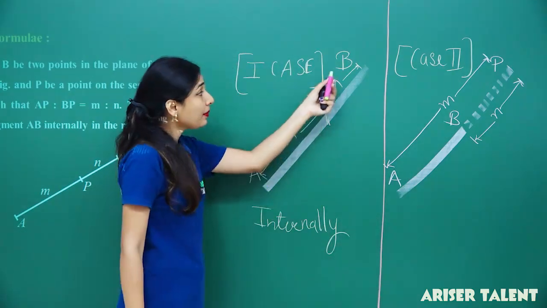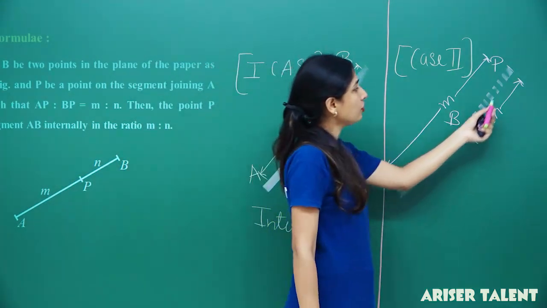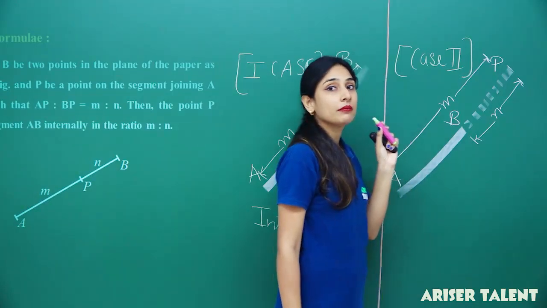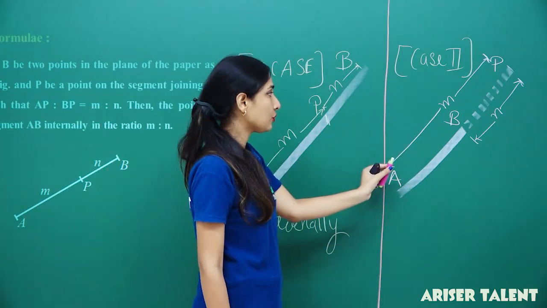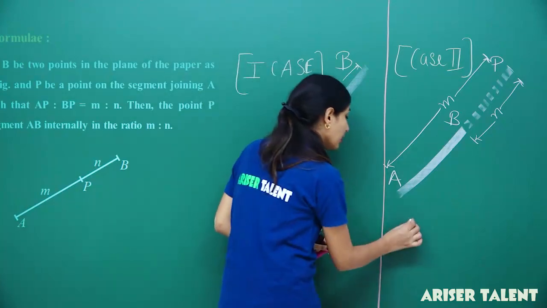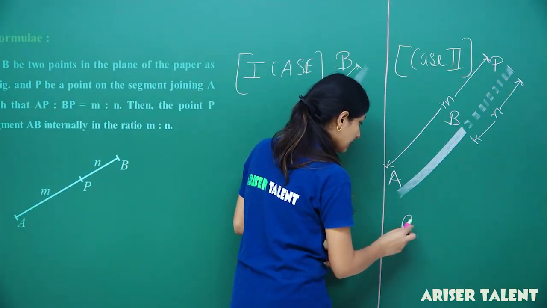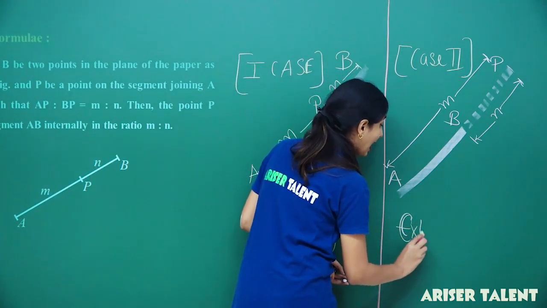Now, PB is N, here also PB is N, but it's about external. So, it is externally.